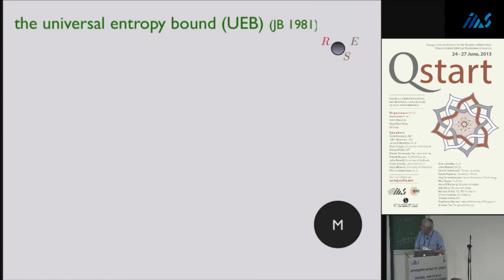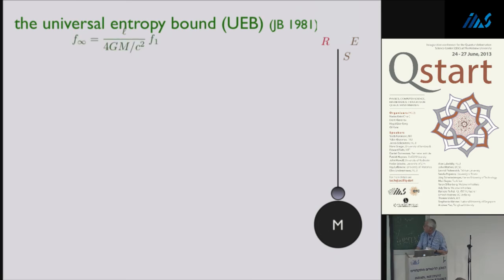You lower this system on a cord until it's almost touching the black hole. You can get energy out of this process by just winding the cord on the axle of an electric generator and making energy. So we have extracted energy from this body, and the question is how much.